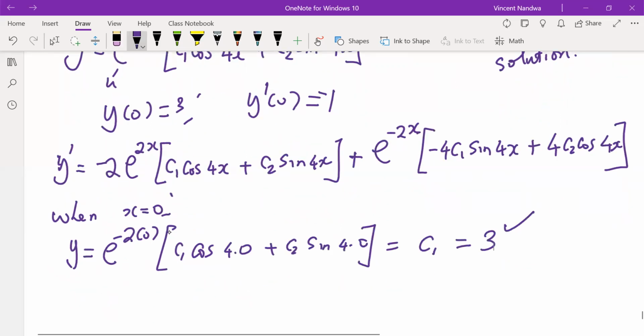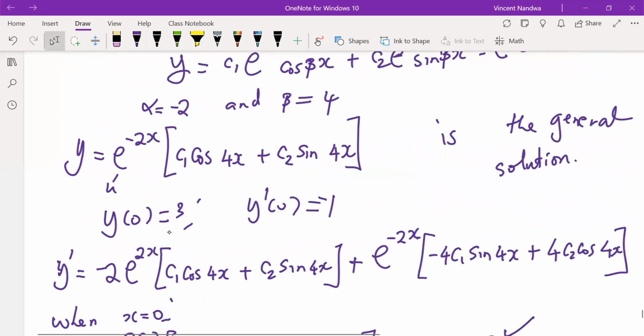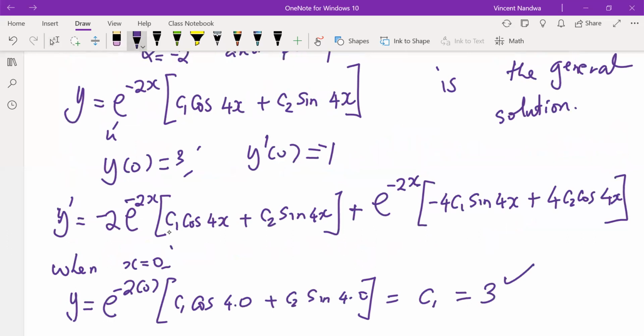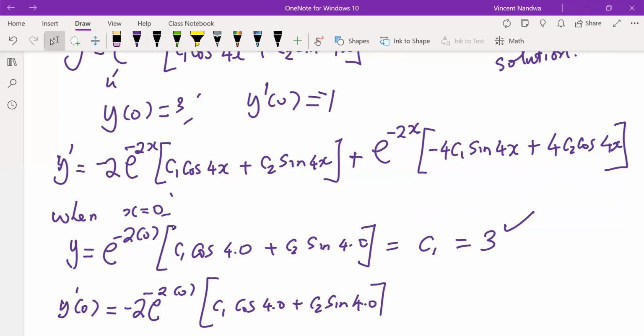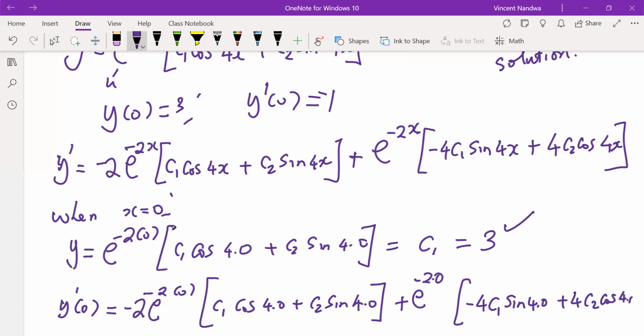And then y prime at 0 would be negative 2 e raised power negative 2 times 0 into c1 cos 4 times 0 plus c2 sine 4 times 0, plus here e raised power minus 2 times 0 into minus 4 c1 sine 4 times 0 plus 4 c2 cos of 4 times 0.